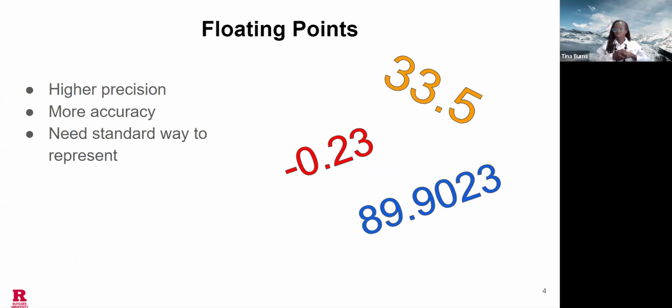Now, floating points are going to give you more accuracy and more precision for your number, but there has to be a standard way to represent them in binary, just so that it's easier for your CPUs to process them. So I want a standard way to represent that. How do I do that? Well, we figure out a way to do that, and then we create something that can be used universally.